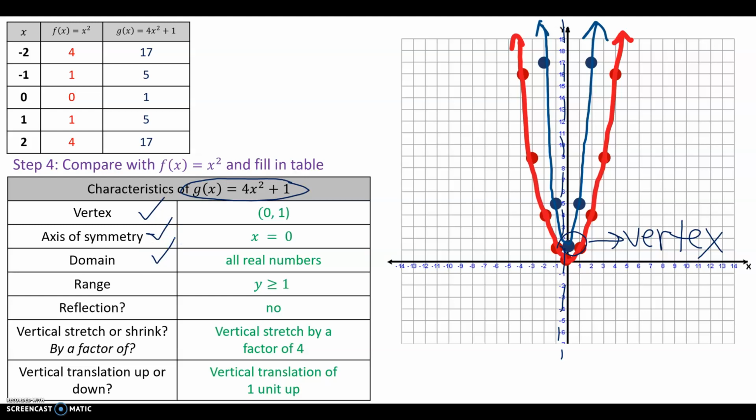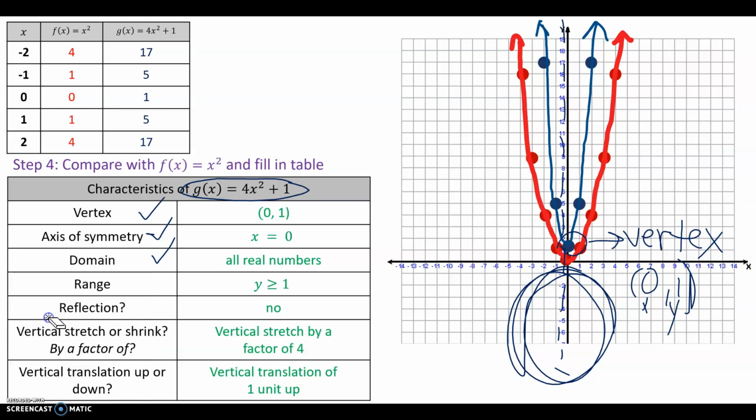Now, the range is something you guys have been struggling with. The range is your y values. So look at your vertex of 0, 1. Your y is 1, okay? And if you look at your graph, your parabola is opening up. So it's covering all of the positive y values that are bigger than or equal to 1. It is not opening down, so nowhere down here do you see the parabola.